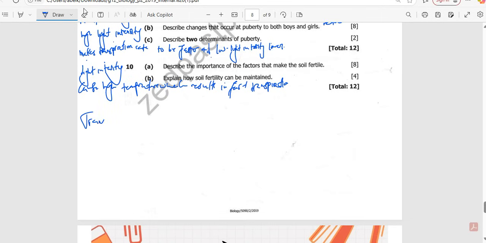So a new paragraph now. Transpiration is important to plants as follows.